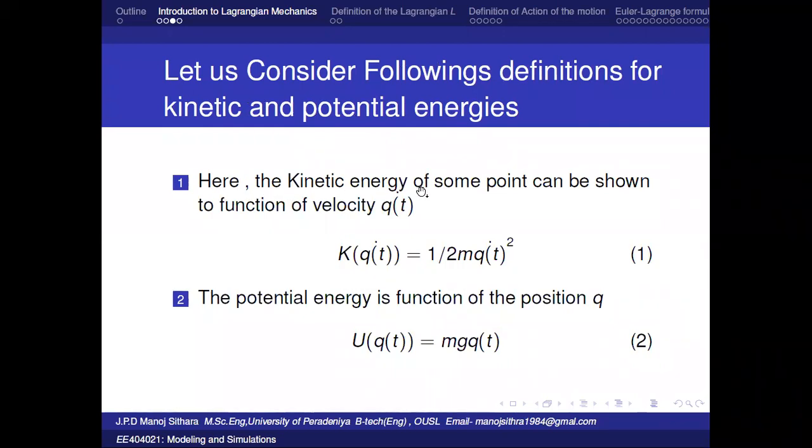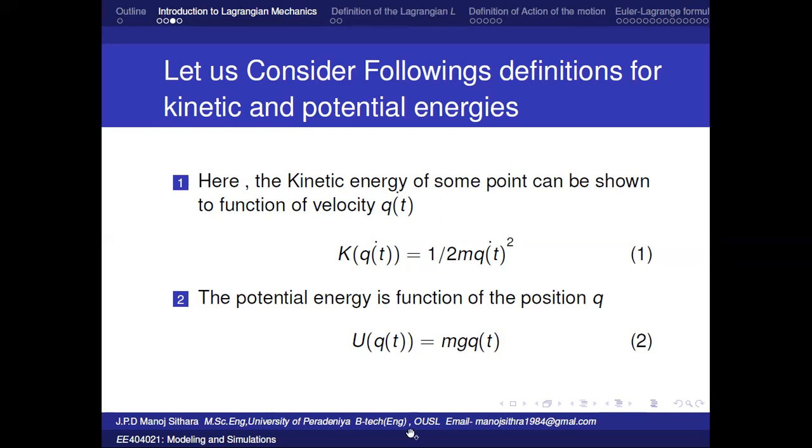Here, the kinetic energy of some point can be shown to be a function of the velocity, that is q(t) dot. q(t) represents the position, the position vector, right? So q dot represents the velocity. If q(t) is the position and q dot is the velocity, then the kinetic energy of an object can be written as half m q dot squared, right?